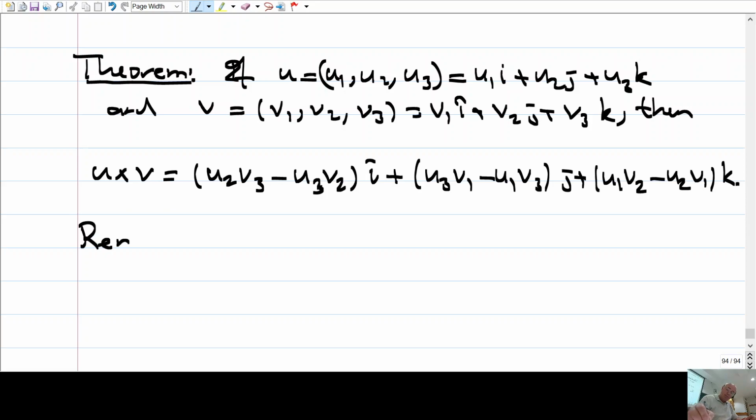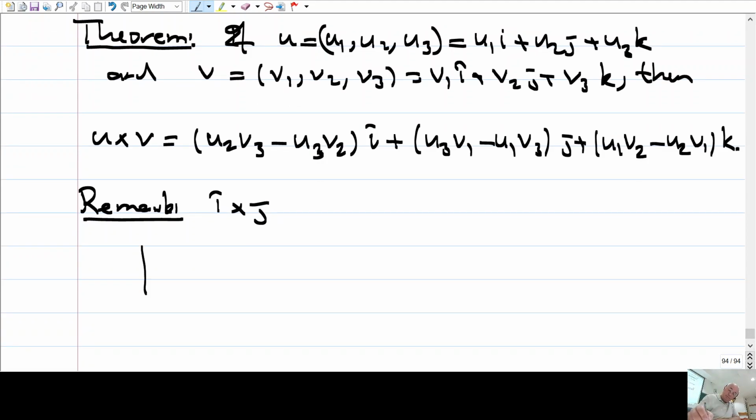Before I pass to the proof of this, let's see what is, for example, the cross product of I and J. Remember, if these are the x, y, z coordinates, this is a right-handed triad, right?